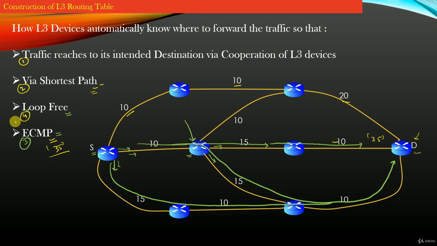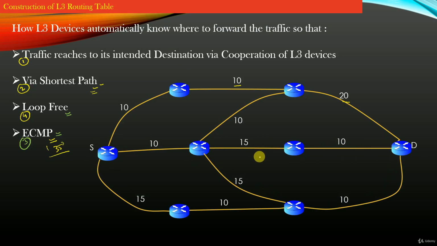To understand point number 4, you can see that each router in this topology always forwards the traffic towards the destination D, right? No router in the topology bounces back the traffic to the preceding router. For example, suppose the source router S sends traffic destined to the router D to this particular router. Now if this router has an entry such that its routing table dictates that in order to reach the destination router D, it should send the traffic out of this particular interface, it simply means that your traffic is looping.